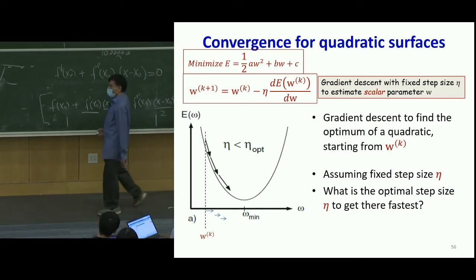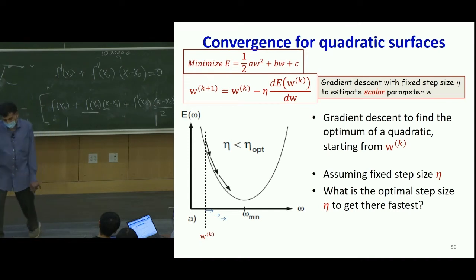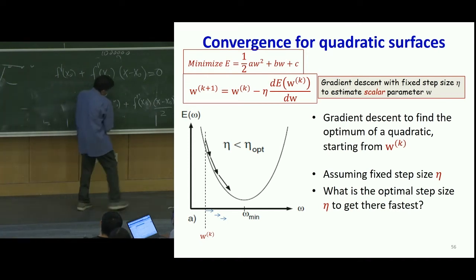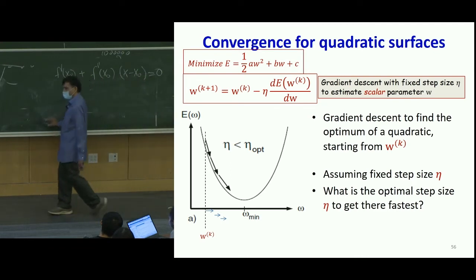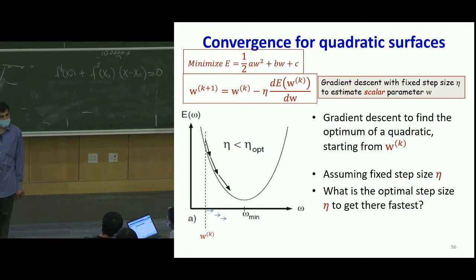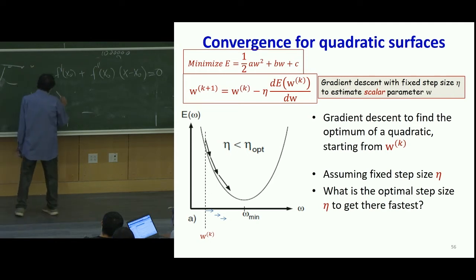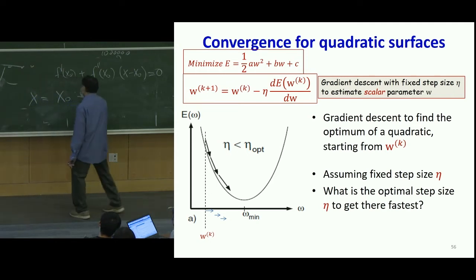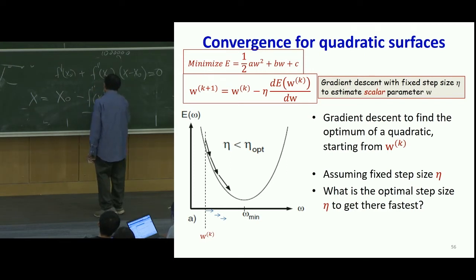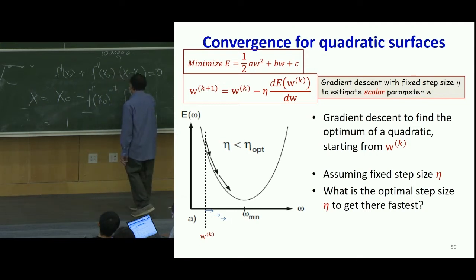So what is the solution I'm going to get for x? x is going to be x0 minus f double prime of x0 inverse times f prime of x0. Correct?